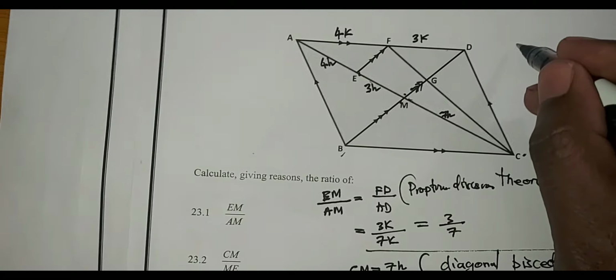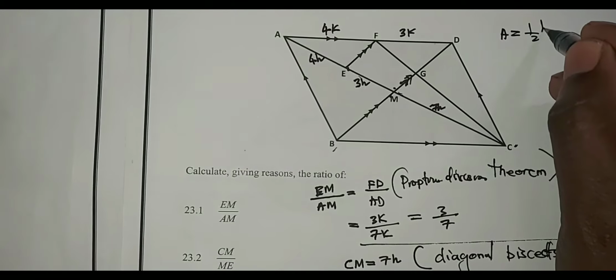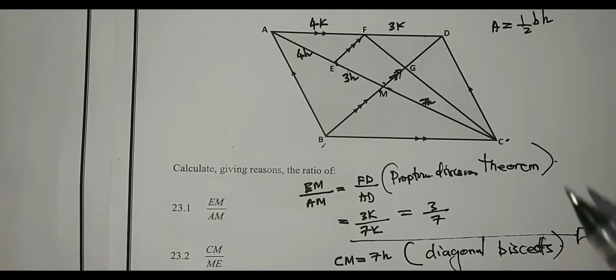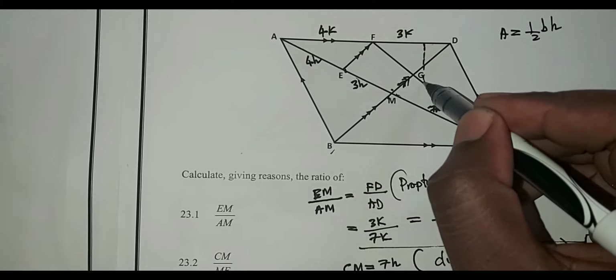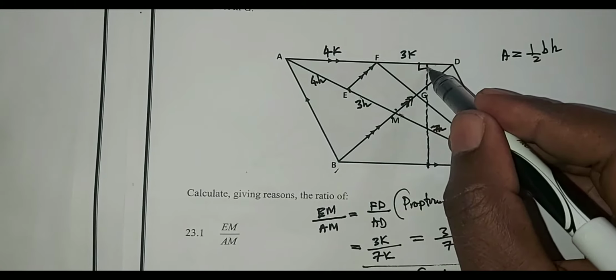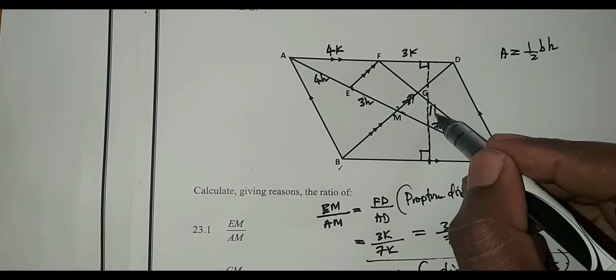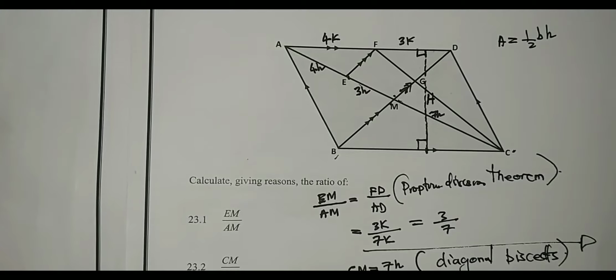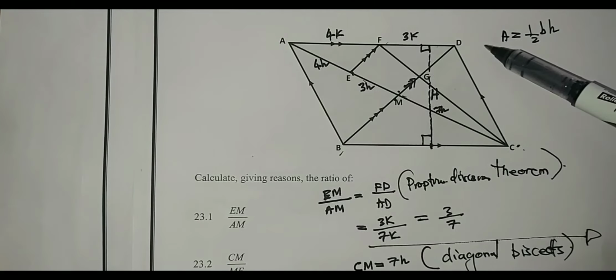One thing that we know about the area of a triangle is we can use the formula half base times height. So I'm going to make my height this line. It's perpendicular to this, which means it's also perpendicular to that. I'll call the height H. So if I look at triangle FDC, my base is this one.